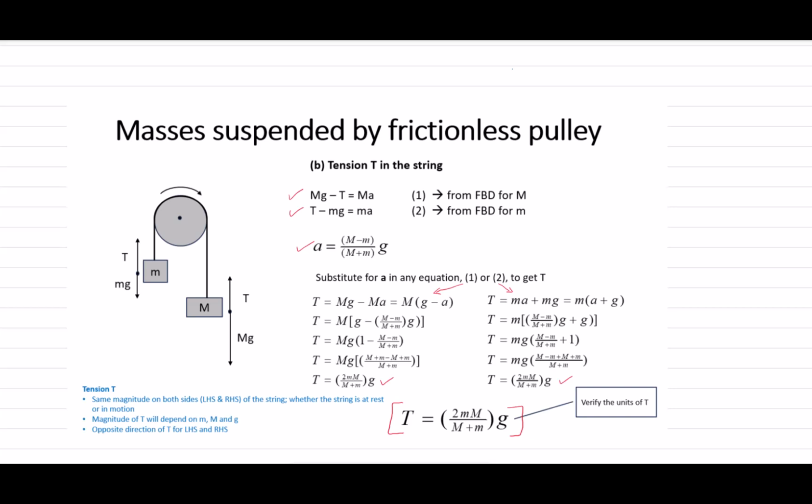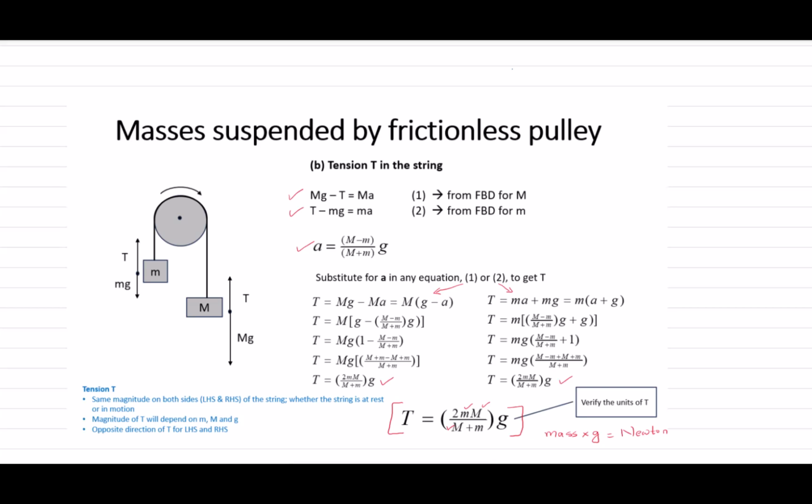In the numerator we have mass times mass, and in the denominator we have only mass. So this will result in the units of mass times the units of g, which is nothing but Newton. So with this, we know that our derivation has the correct units representing a force.